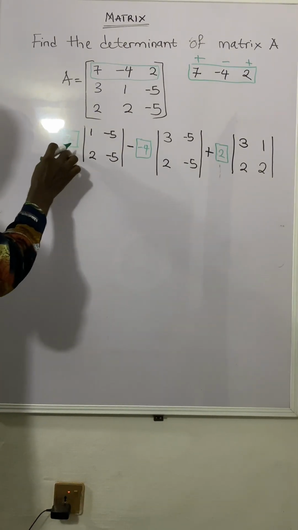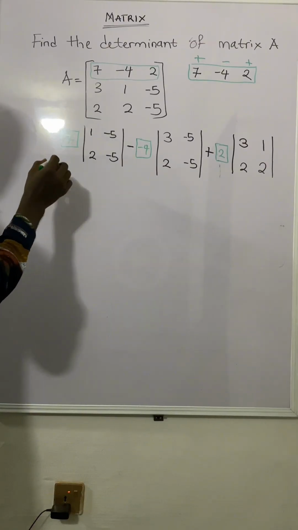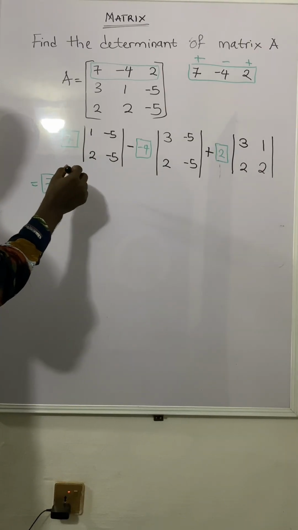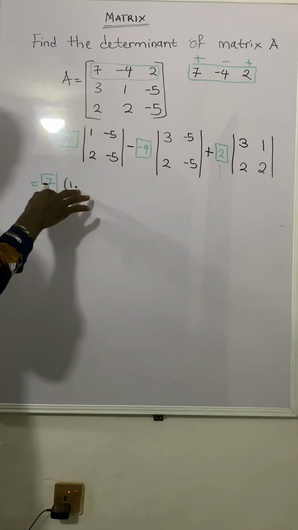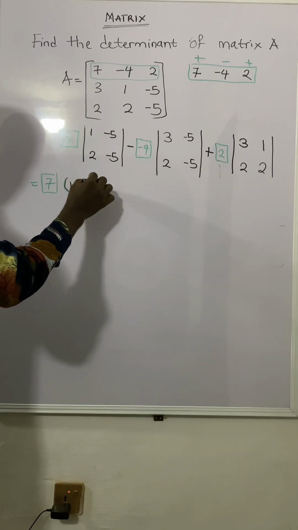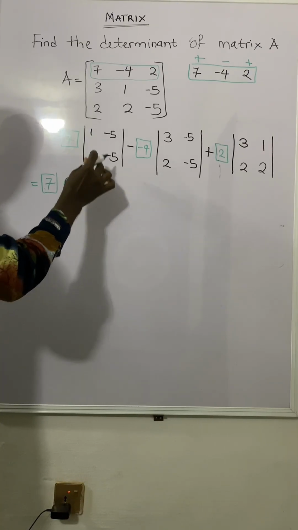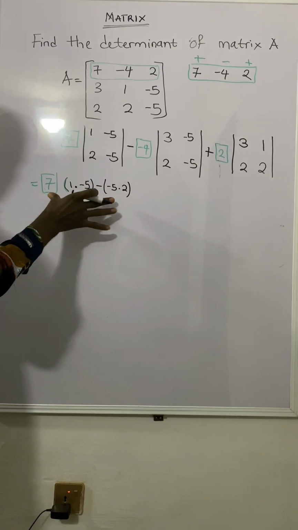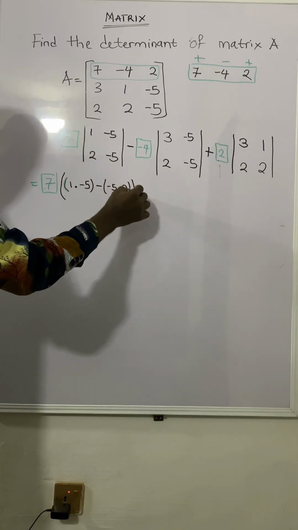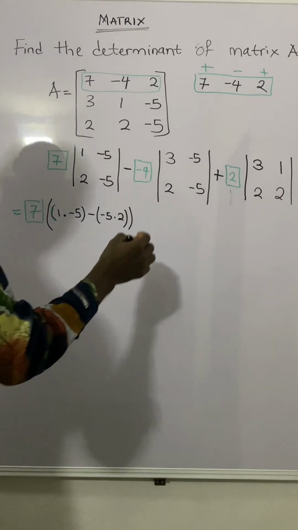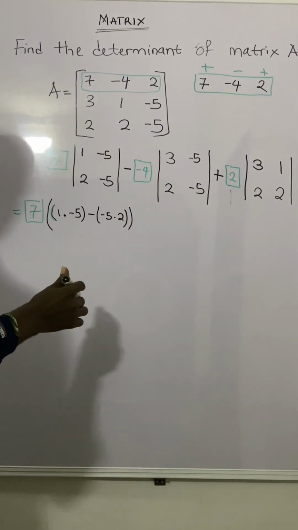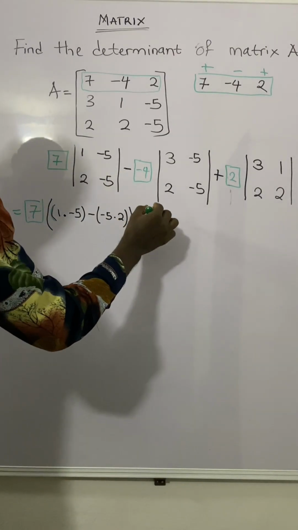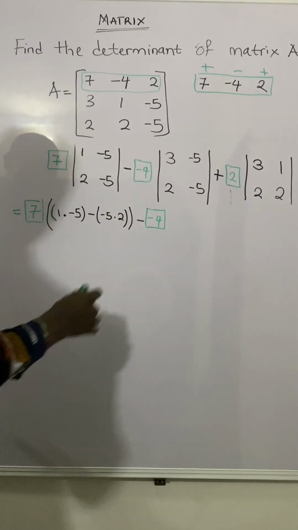Now 7. So this multiplied by this, we have 1. I'm using this dot to represent my multiplication sign so that the whole thing will be well arranged. Minus 5. Since this is just for this, I'll cover everything with a bigger bracket. Then this minus sign times this. Okay, let's just do it this way. This is minus. Keep bringing down my minus 4.